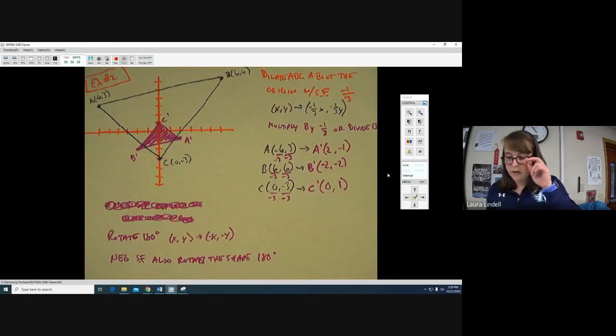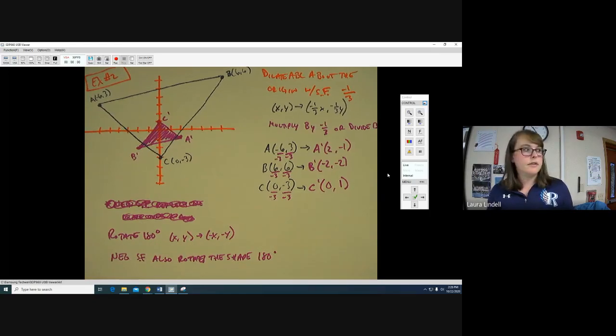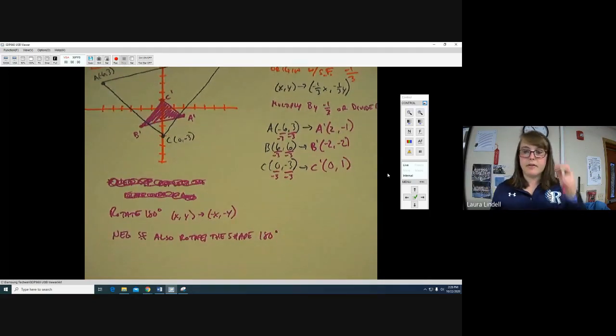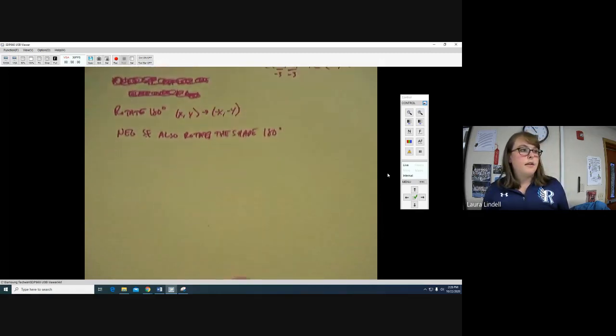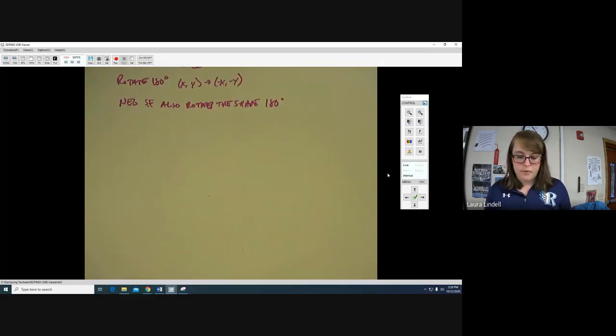So a negative scale factor also rotates the shape 180. And yes, Caleb, there is one more example that is coming up. Okay. So yeah, fun fact, rotating 180 is also kind of like dilating with a scale factor of -1. Or you can think of it as a negative scale factor also rotates your shape.